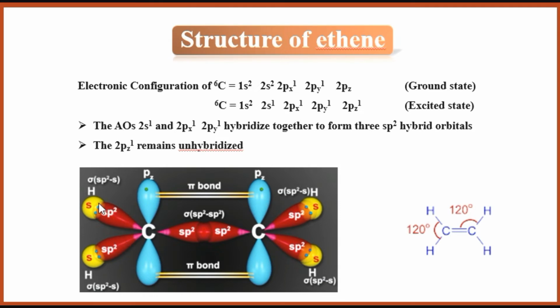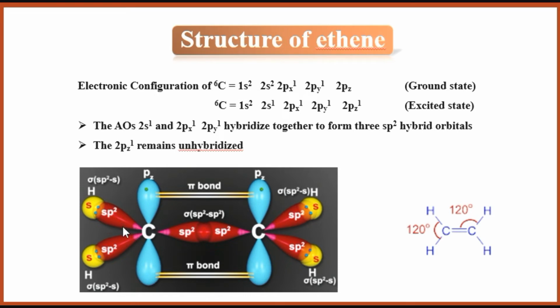So here, first of all, we discuss the formation of the sigma bonds. These three sp2 hybrid orbitals of this carbon atom would be directed towards the corners of a trigonal planar geometry like this, where they would make up the angle of 120 degree.